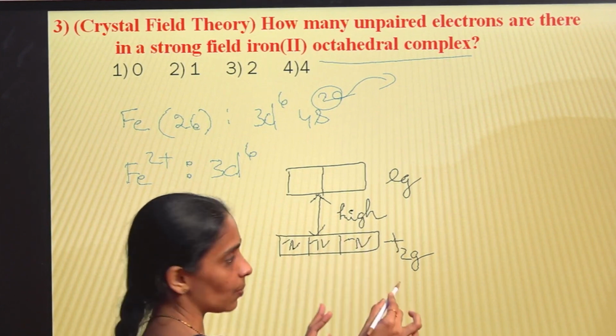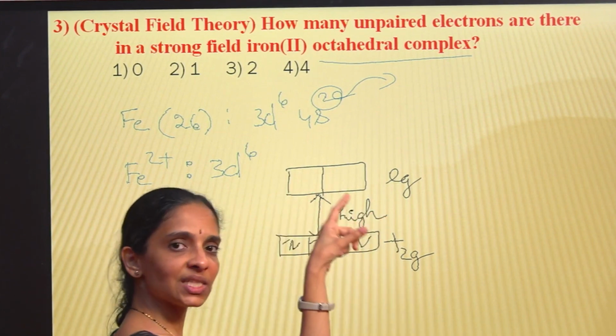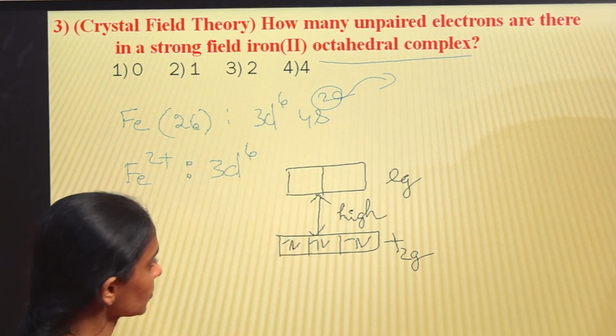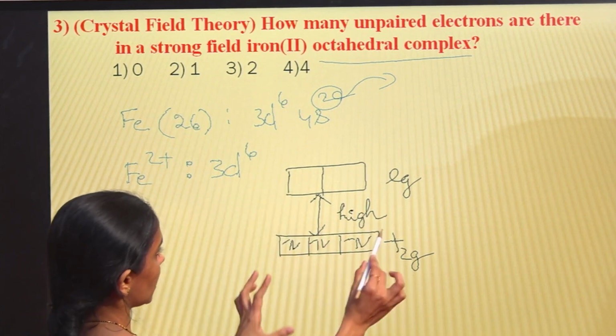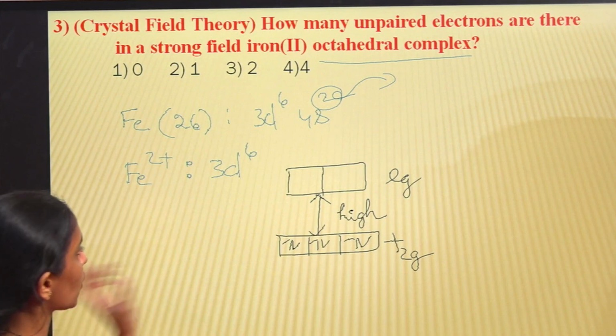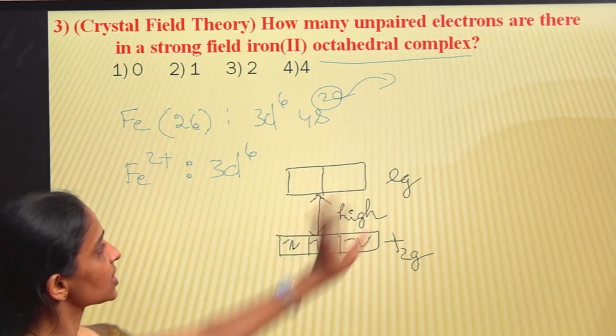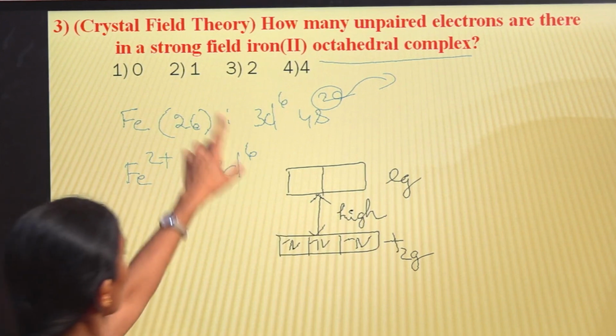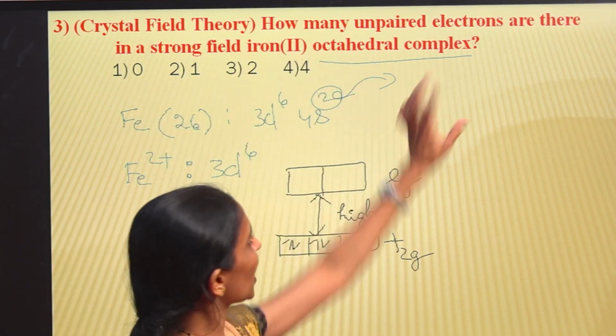Pairing happens. They don't want to go to eg because the energy gap here is very, very high. So this is the configuration, t2g6 eg0.